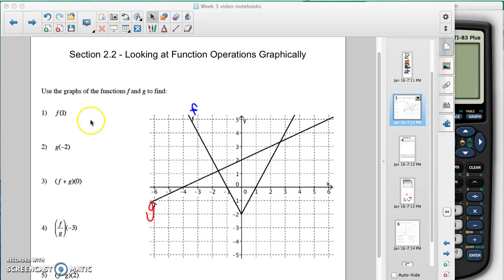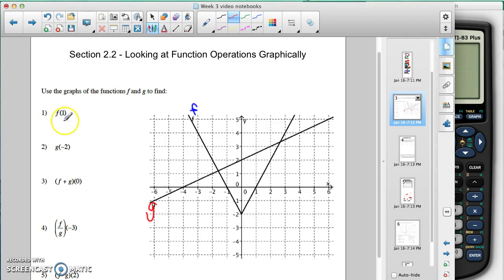So here we go. This is the graph of two functions. F, I relabeled it a little larger. This V-looking function is F, and G is this straight line going through here. The first question asks for F of 1.